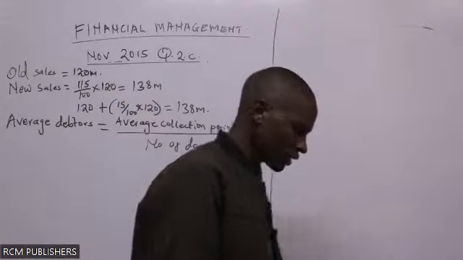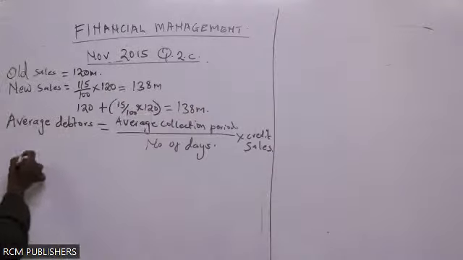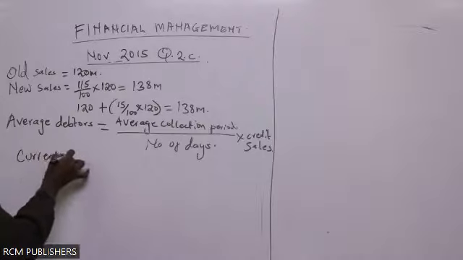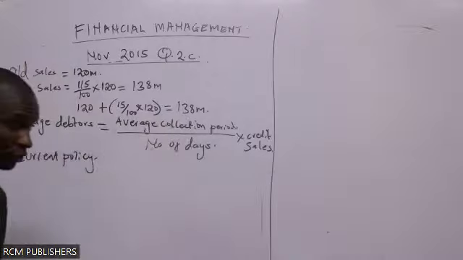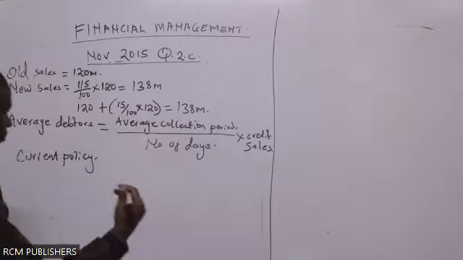Just look. Let's start with the current policy. What was the average correction period? 45. So we have been given.